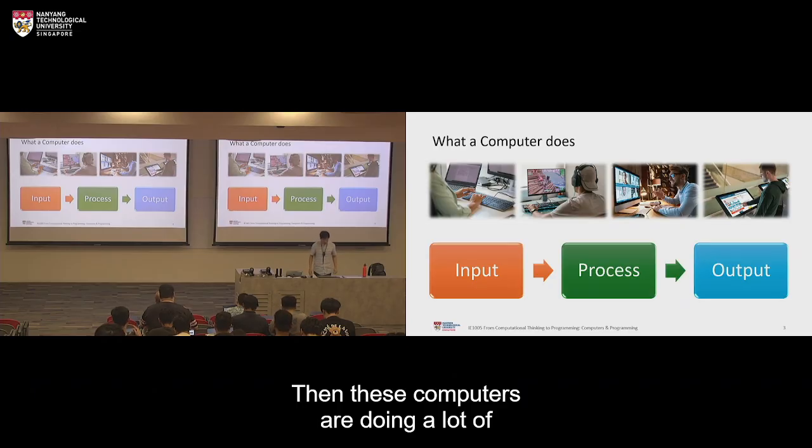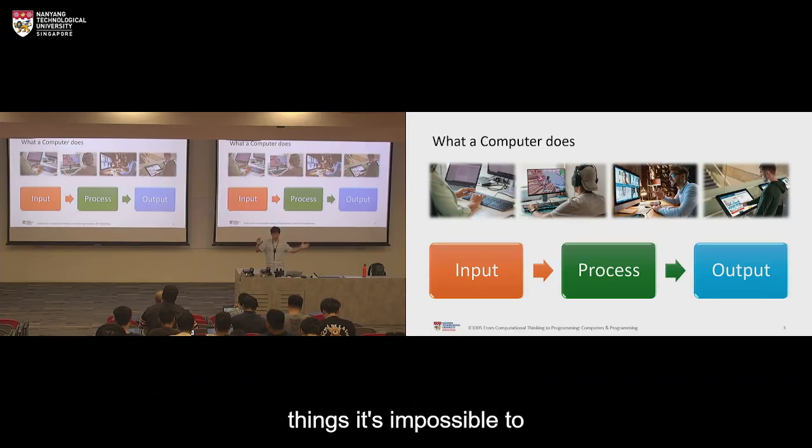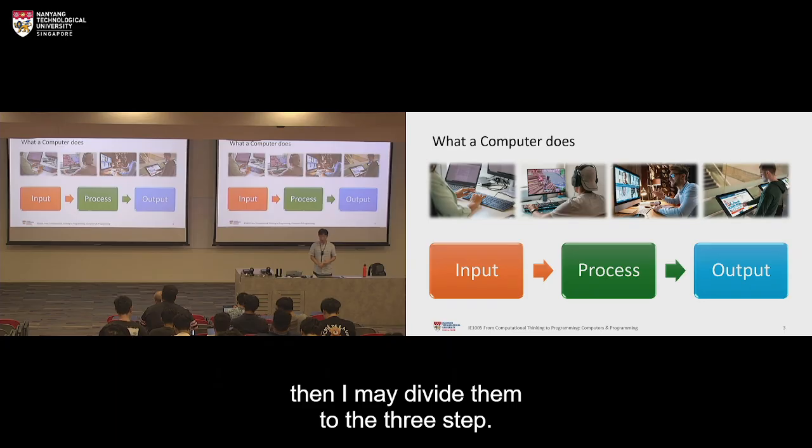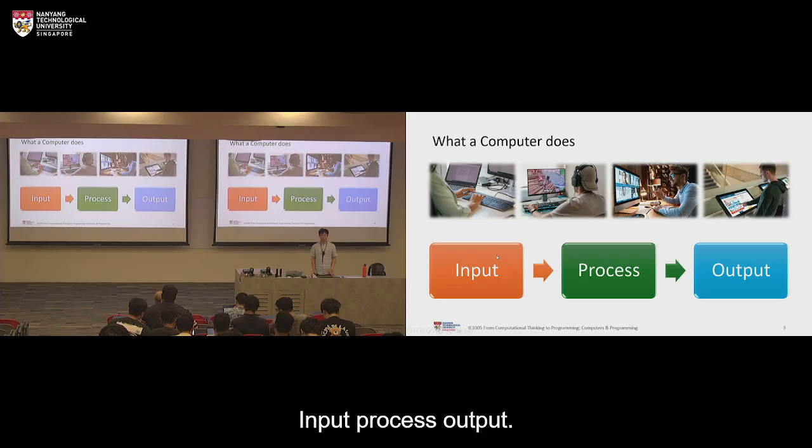Okay. These computers are doing a lot of things. It's impossible to count what the computer is doing. But if I have to simplify what a computer is doing, I may divide it into these 3 steps: input, process, output.